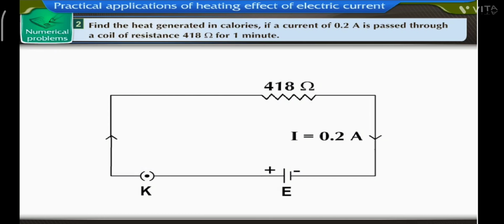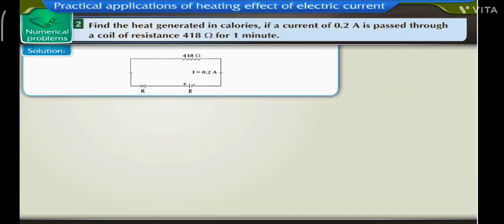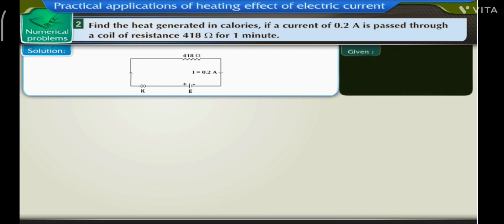2. Find the heat generated in calories, if a current of 0.2 ampere is passed through a coil of resistance 418 ohm for 1 minute. Solution. Let us first write the given data in proper units. Given current I is equal to 0.2 ampere, resistance R is equal to 418 ohms and time T is equal to 1 minute, which is equal to 60 seconds.